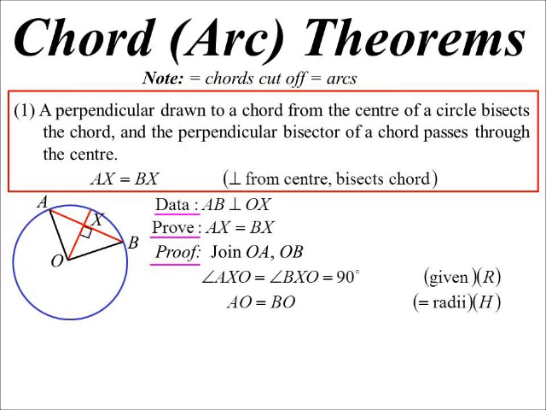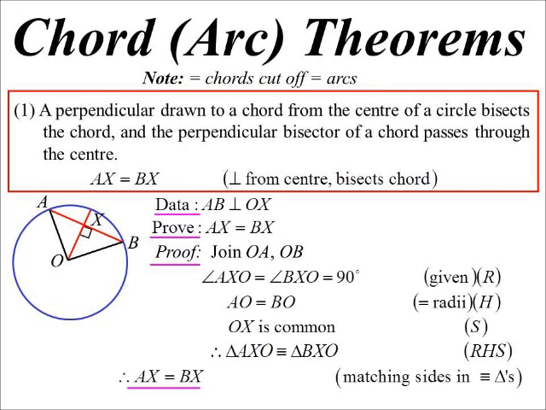AO is equal to BO, they're both radii, so they're equal radii. And OX is in both triangles. So I've got right angle, hypotenuse, side, so I know they are congruent. If they're congruent, then AX must equal BX because they are the matching sides in those congruent triangles. So a fairly simple little proof there.